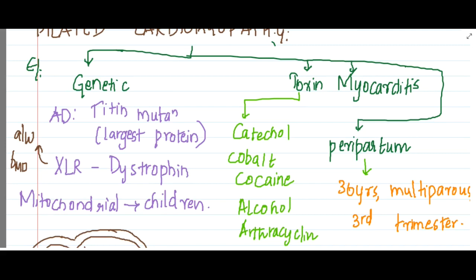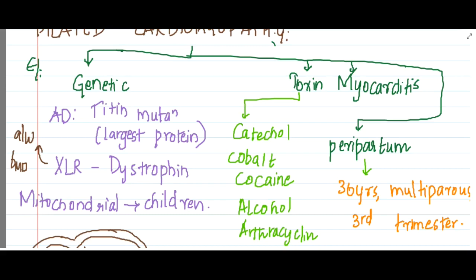First, if we see genetic influences, almost 30 to 50% are familial cases, and in the familial cases it occurs due to mutations in more than 20 different genes which encode different proteins involved in the cytoskeleton, sarcolemma or nuclear envelope. The most important is titin mutation.